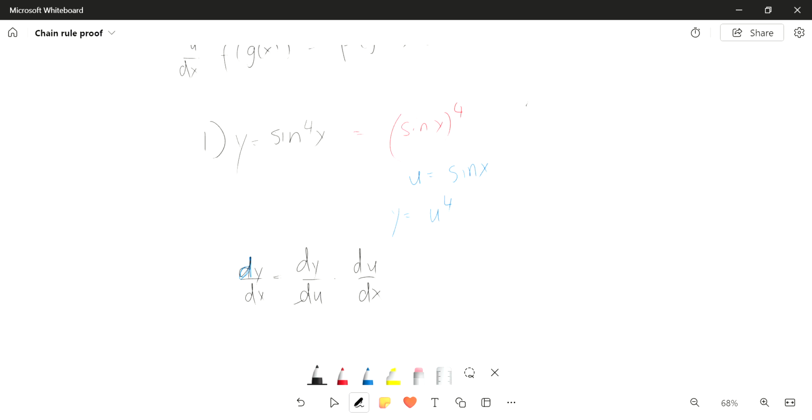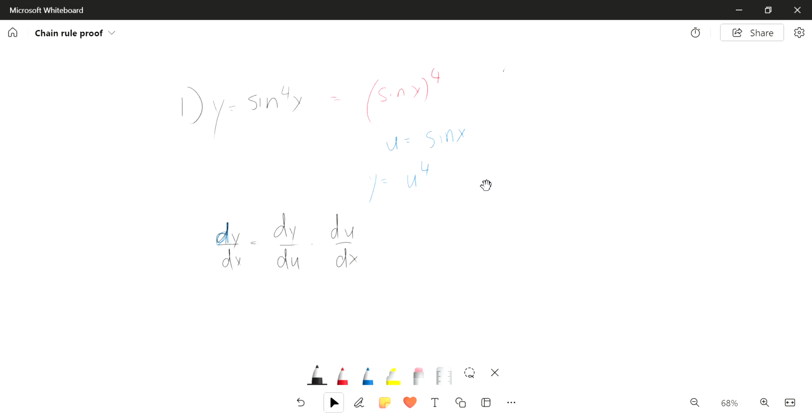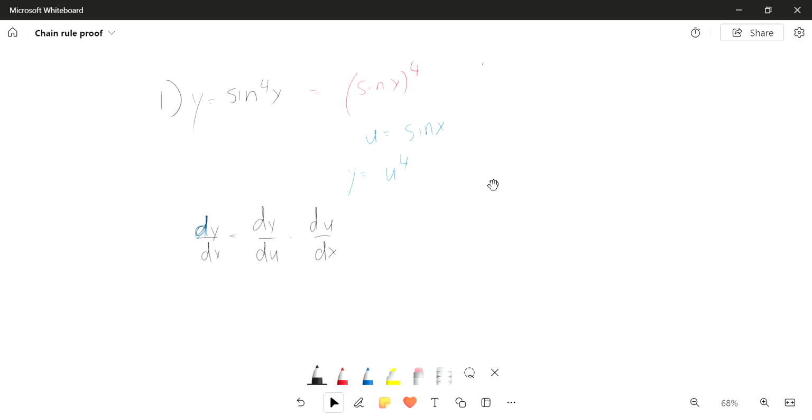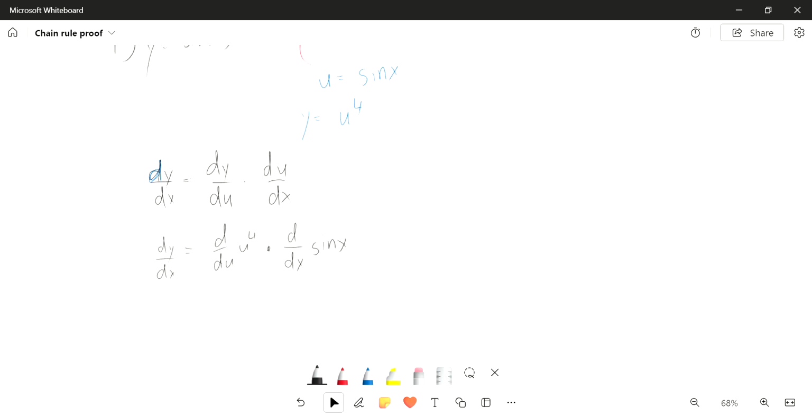So algebraically, it looks like these cancel out, but from a calculus standpoint, you're finding two separate derivatives and then multiplying them together. So in this case, we're taking the derivative of u to the power of 4 with respect to u, and then we're multiplying it by the derivative of sine x. And then that's the final derivative we actually have.